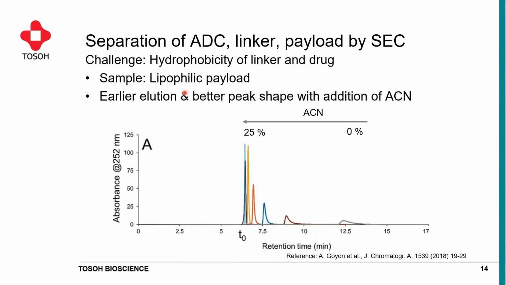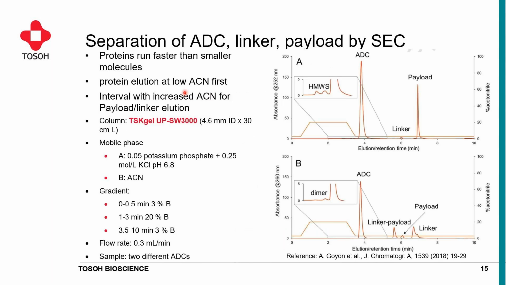But what we should still think about is we also have a protein part if we have a complete ADC sample. And typically what we don't want is to expose the protein to too much organic solvent, because it may lead to denaturation of that protein part.